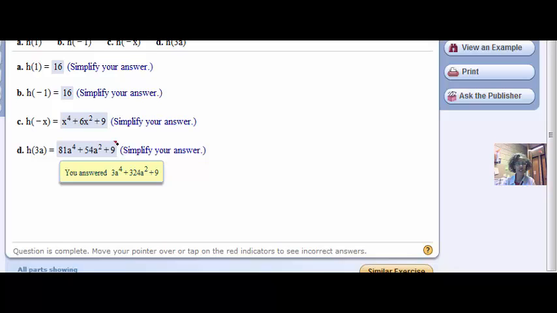So in the first instance, only the a was squared and not the 3. In the second instance, I'm not sure what happened. So I'm going to record this and let's see if we can figure out what perhaps went wrong.